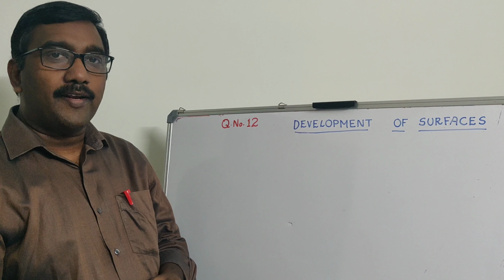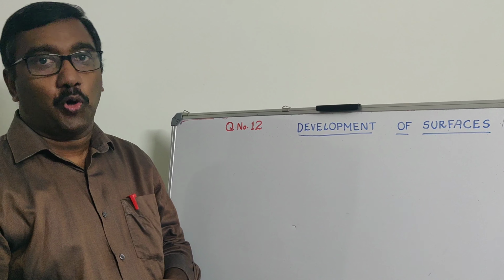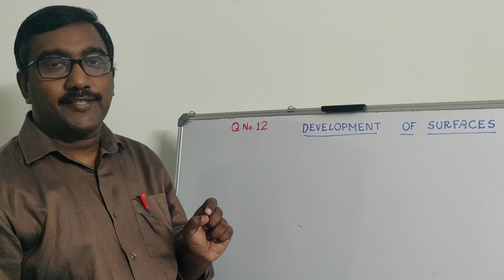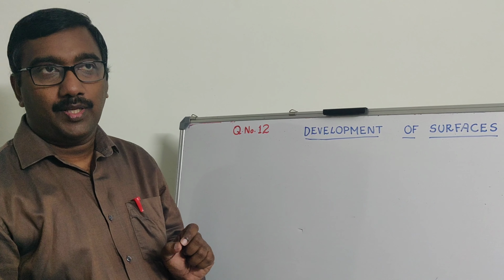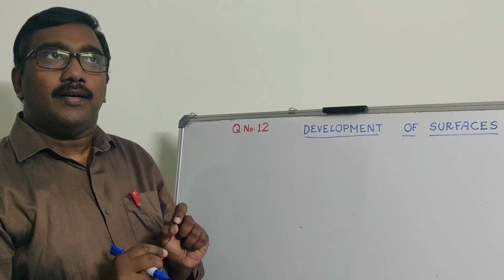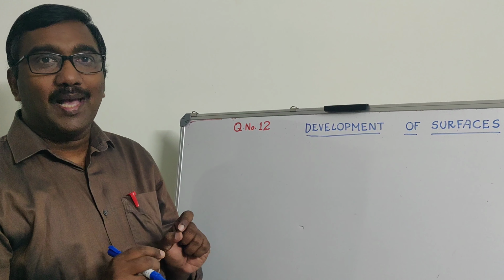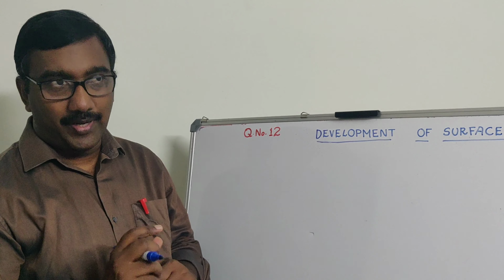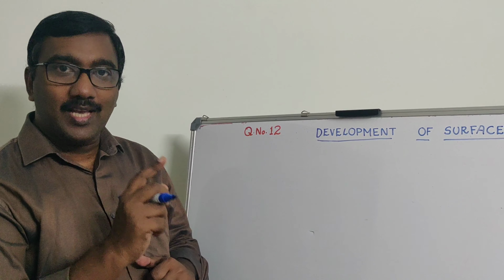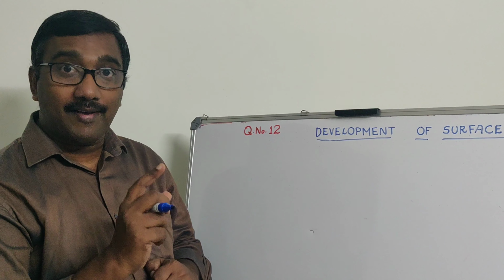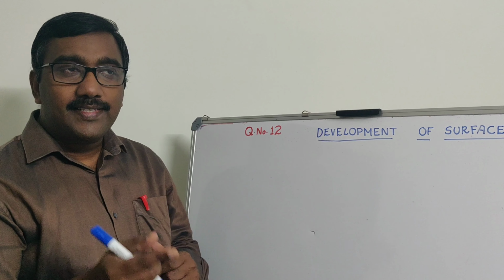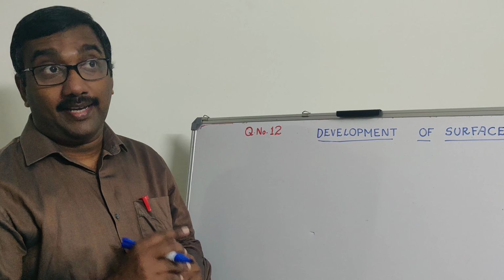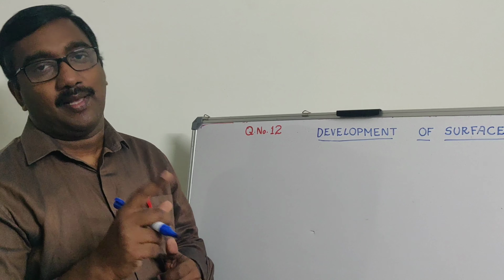The question is related to the development of a cone, but the dimensions of the cone are not at all given. Here, the development is a semicircle with radius 70 mm. That means you have a semicircle with a radius 70 mm, inside which there is a circle inscribed inside the semicircle.